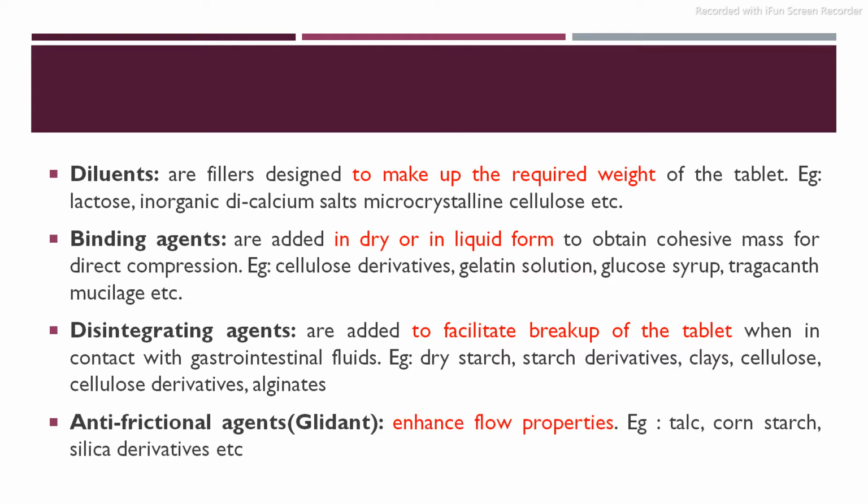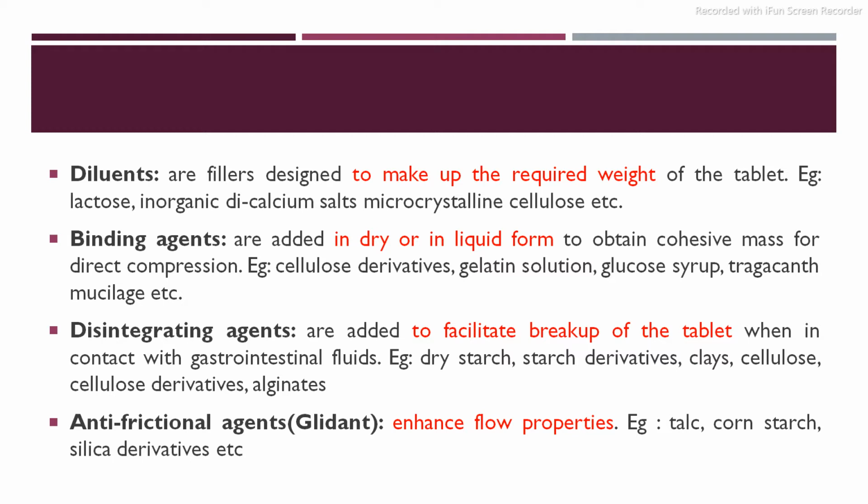Next one is the anti-frictional agent, that is Glidant. Anti-frictional means when granules are allowed to pass through the hopper into a tablet machine, there may be friction between the granules, and because of this friction, the required amount of granules may not enter into your tablet machine, and that's why there is need to add some anti-frictional agent, which is also called Glidant or the lubricants also.